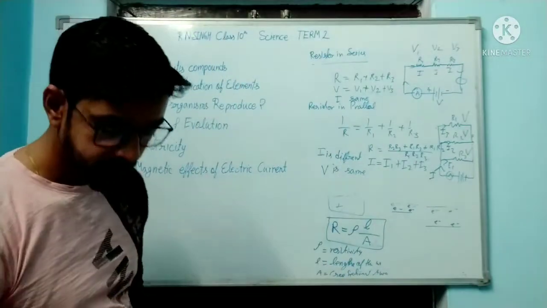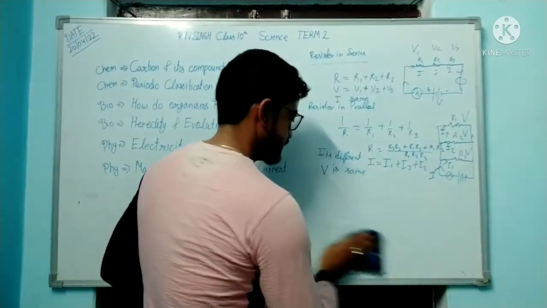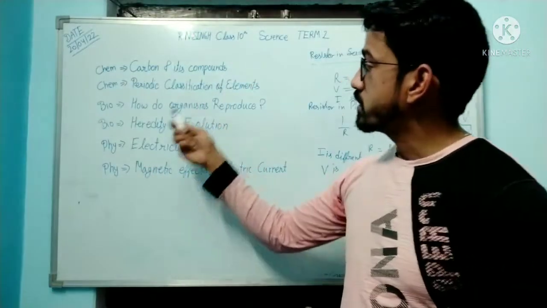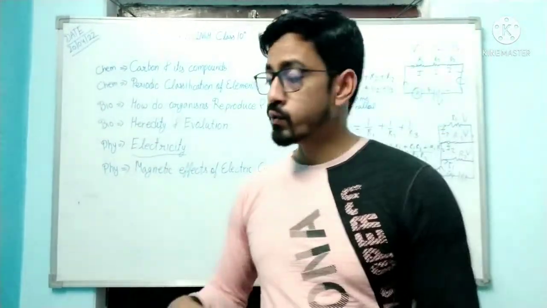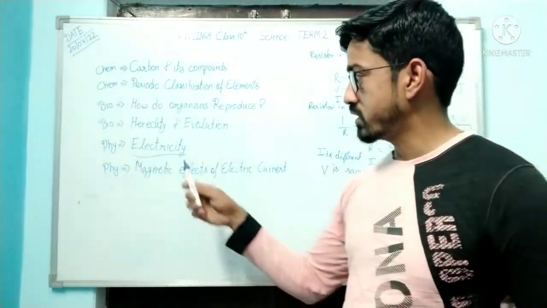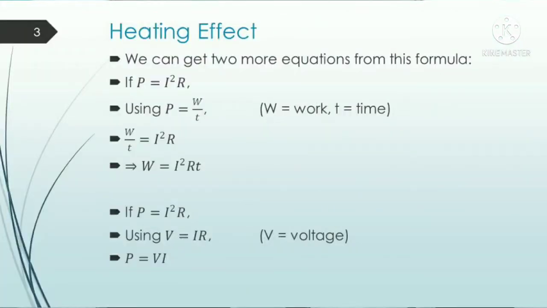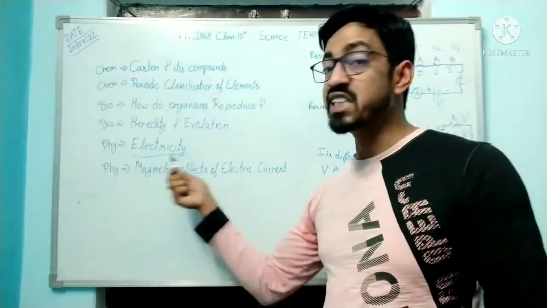Second thing which we discuss here: power, or the next effects of current. What is the name of the chapter? Electricity. Okay, now we will understand in the next video what the heating effects of current are. Right now we are studying electricity, and now we understand some applications, heating effects.